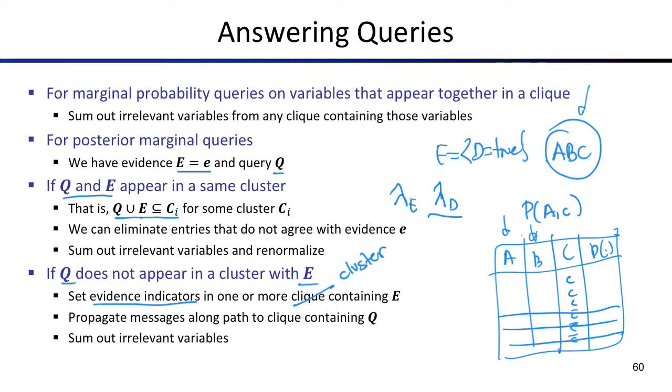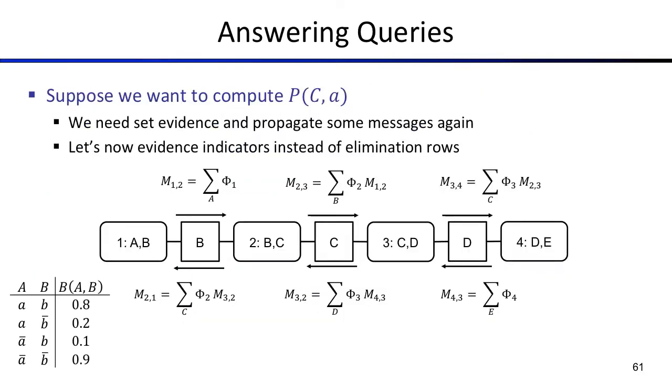Let's take a look at one concrete example in the next slide. Here we have one small example that we haven't used in the previous video. In this case, we're going to reuse those messages, and I want to compute the probability of C and little a. So little a is going to be our piece of evidence.